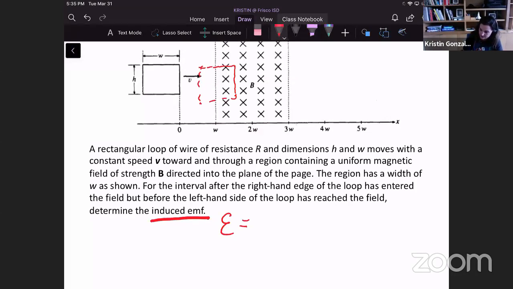I can go back and say that it's BLV. So our magnitude of the field is B, our velocity is V, and the length that is going to be affected is that H. So we can say this is B times H times V.